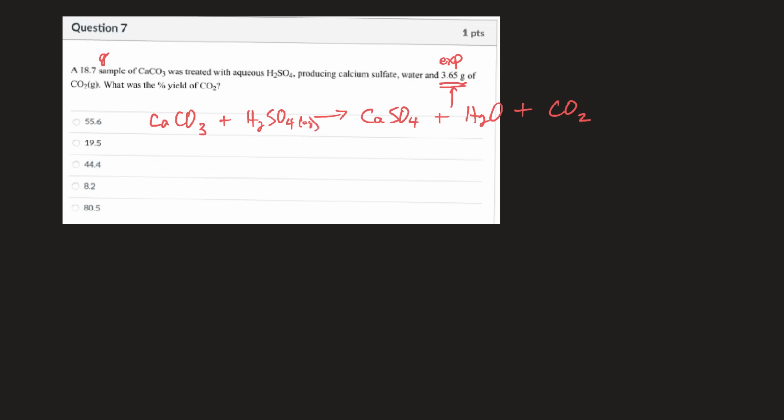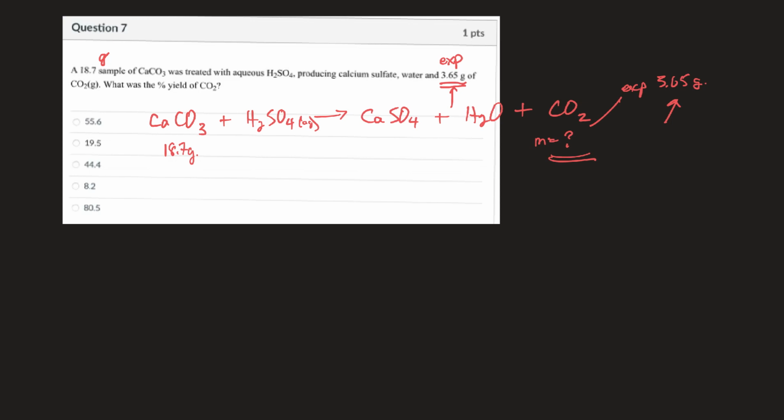Let's just do the stoichiometry. So they say I have 18.7 grams of this, and what I'm looking for is how many grams of carbon dioxide I have. I know experimentally they got 3.65 grams, but I want to figure it out theoretically, then I'll compare.